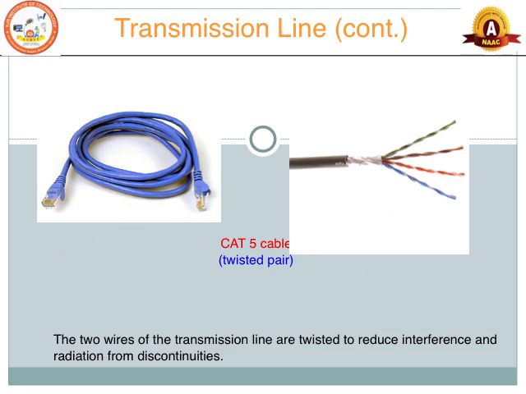The twisting of the wires is done in order to reduce the interference as well as the radiation from discontinuities.